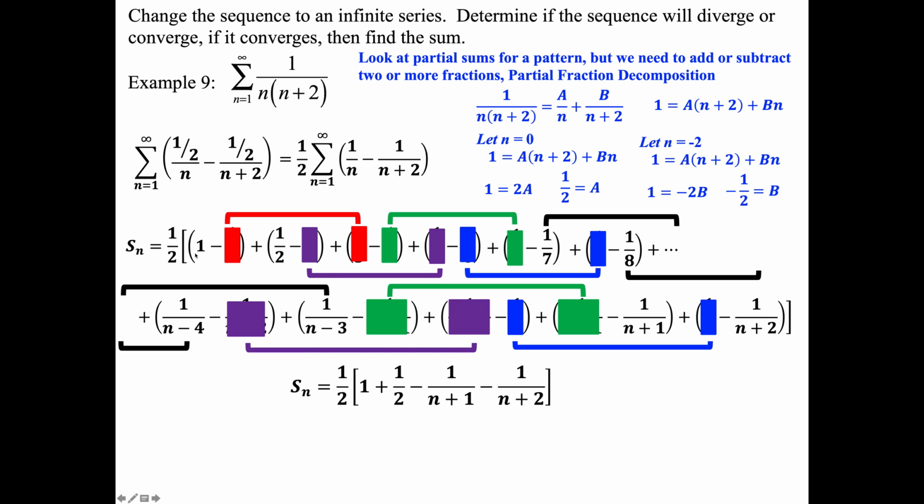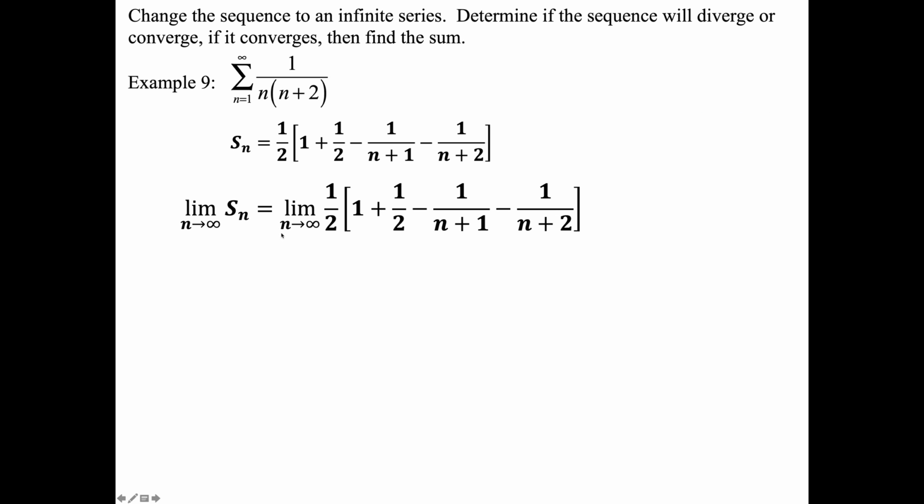So we have 1/2 times 1 plus 1/2 minus 1 over n plus 1 minus 1 over n plus 2. So we'll take this and now apply the limit as n approaches infinity. Well, you can see what's going to happen. These two fractions right here, bigger on the bottom, top stays the same, approach 0.